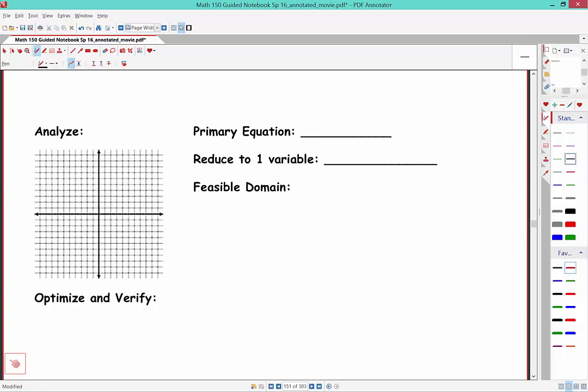We make this plus or minus 5, and this is x and this is y.